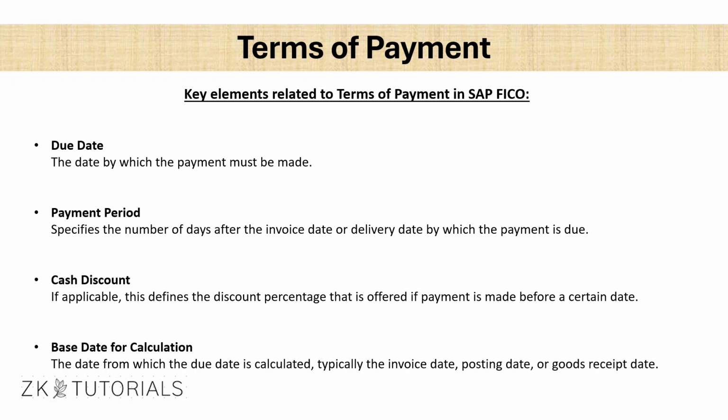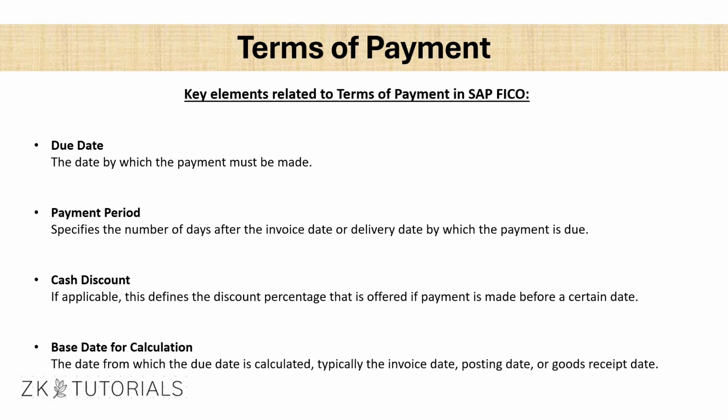Or if he pays between the 10th day and the 20th day, he can claim a cash discount of up to 2%. As the days increase, the discount will decrease. It is in the opposite direction: when days increase, discount decreases.